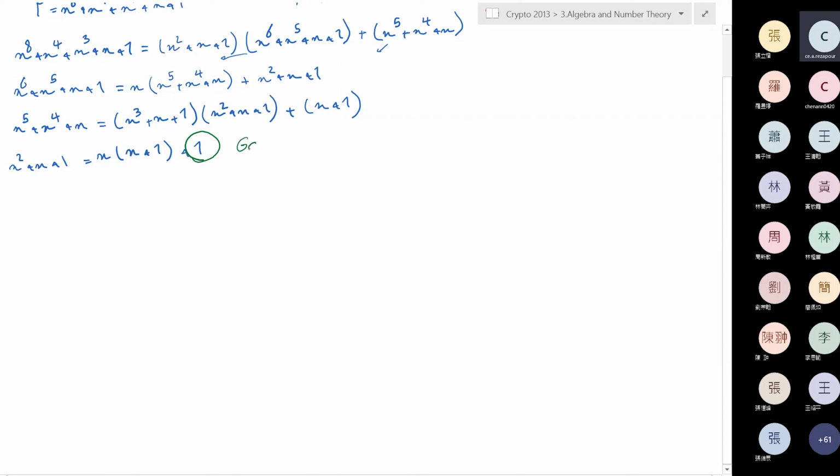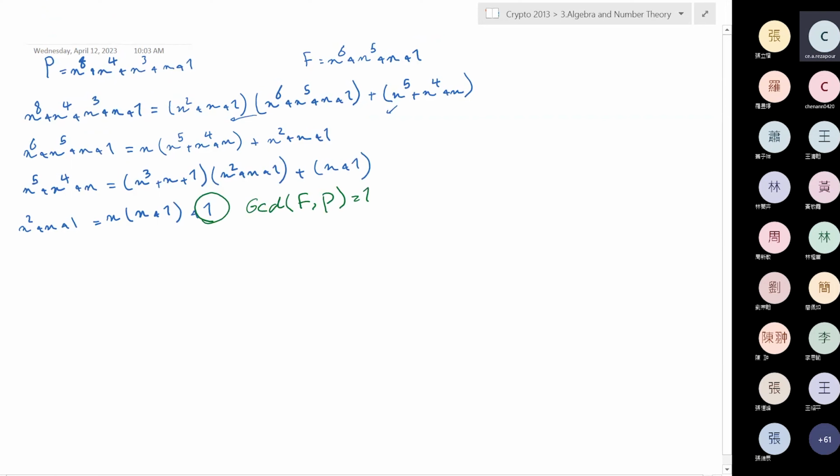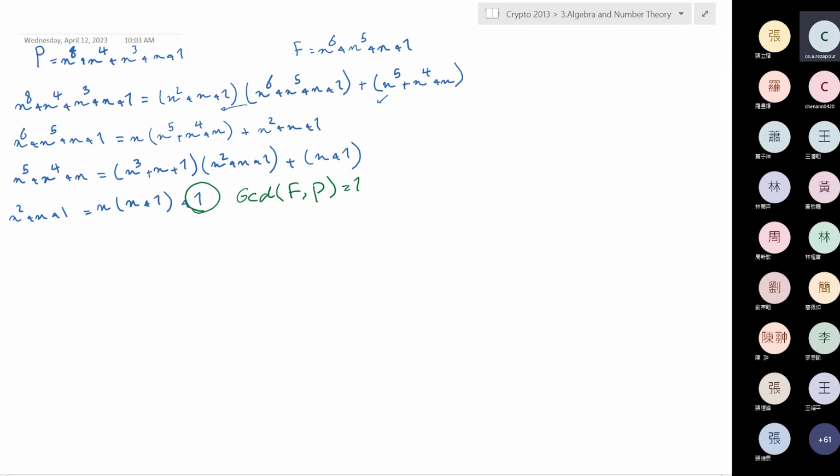This is the GCD of f and my function p equals 1. So then I just stop there. We know that these two are co-prime because the GCD is 1. So now we should be able to compute the inverse of P. So the inverse of P exists.